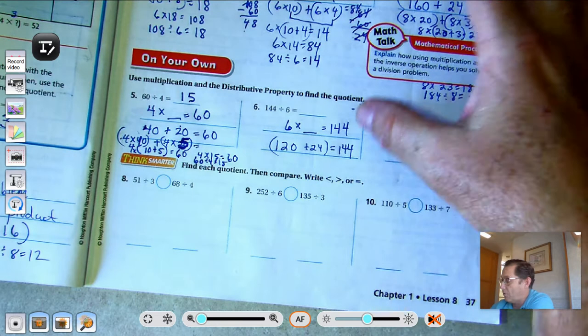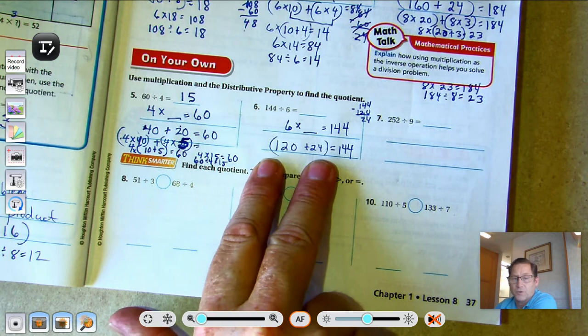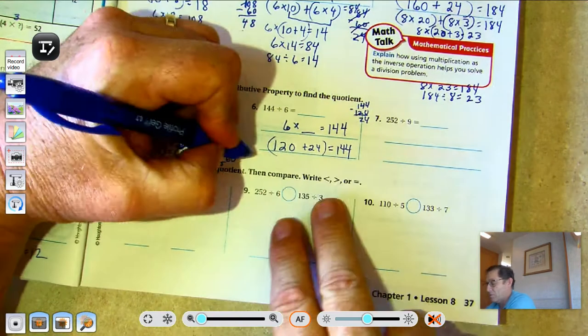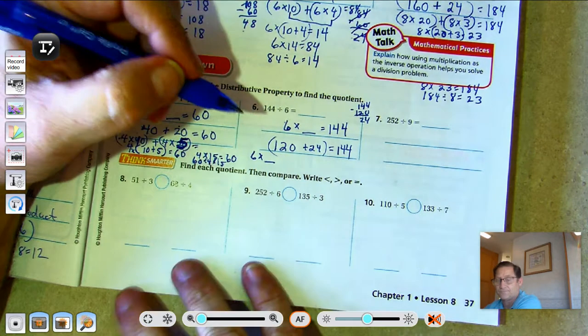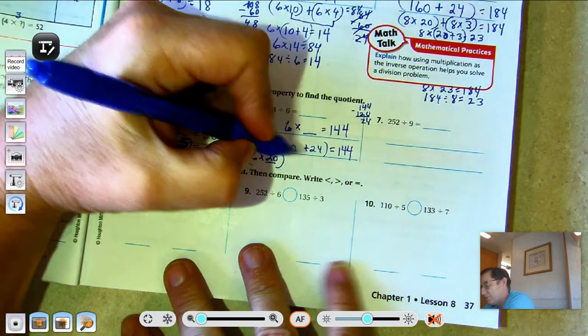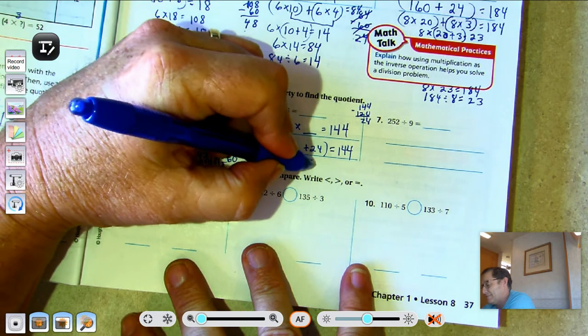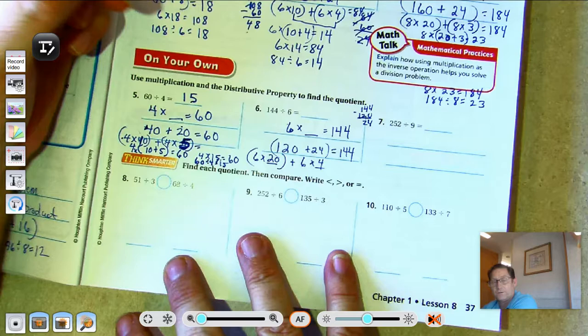All we did was break up the 144 into two smaller partial products. Now we're going to multiply the 6 times something to get 120. 6 times 20 plus 6 times something is 24. 6 times 4 is 24.